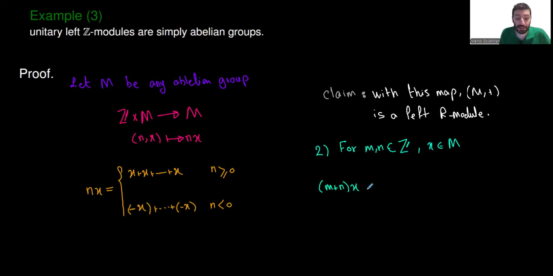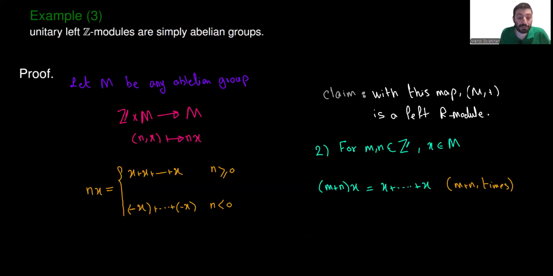So this is x plus x plus x, m plus n times. So this is nothing but adding x, m plus n times.